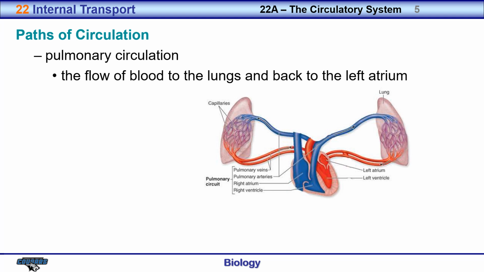So here are the pulmonary veins coming back over here to the left atrium. Here are some coming from the other lung to the left atrium. So this left atrium has a place for these veins, pulmonary veins, the only veins in your body that are rich in oxygen, coming back to your left atrium. So that would be your pulmonary circulation, the circulation that's going from the heart to the lungs and then back to the heart.